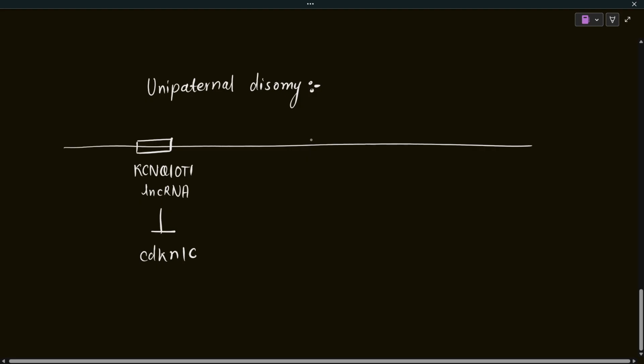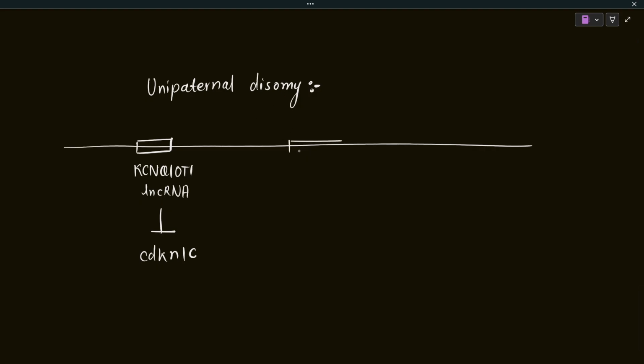And in the same chromosome, which is inherited from the father, the paternal allele, it has the IGF2 gene, and the CTCF binding site is methylated, as well as the H19 gene, which is also methylated.